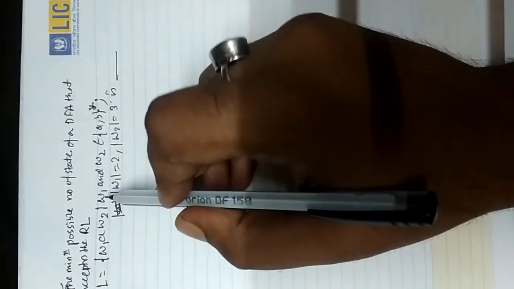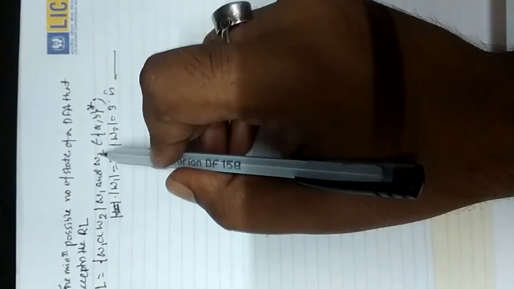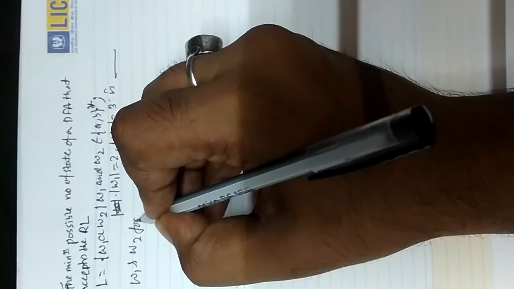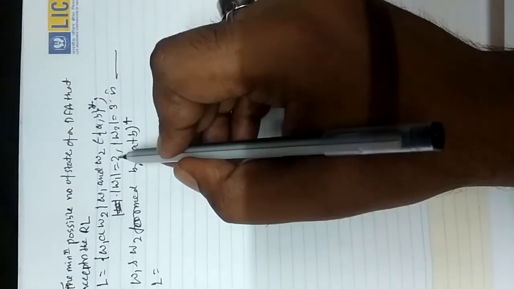You see that W1 and W2 are both strings of a and b. So we can say that W1 and W2 are formed by (a+b). Here this is 2, this is 3. So what language can be generated?